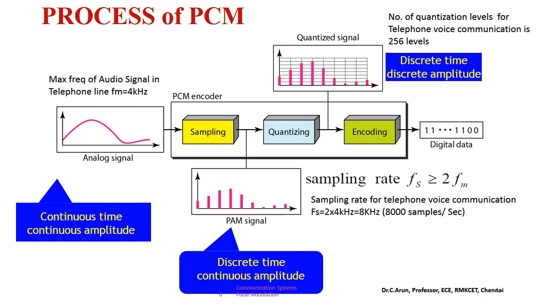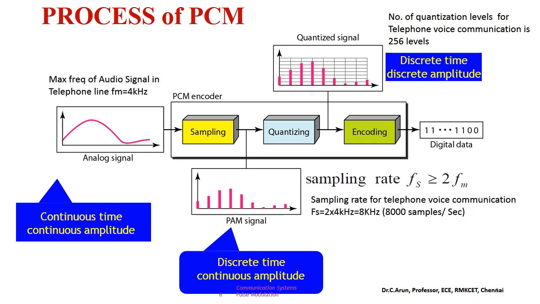Here the message signal frequency is 4 kilohertz, so the minimum sampling rate is 2 into 4, totally 8 kilohertz, the minimum requirement to sample your information signal. As per this example, 1, 2, 3, 4, 5, 6, 7, 8, 9 samples are available.